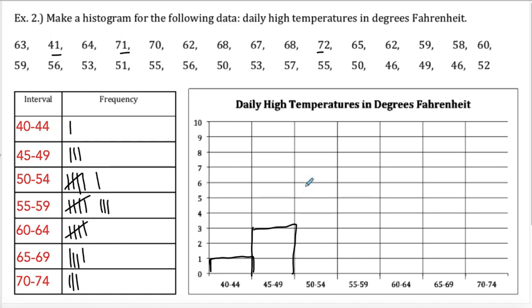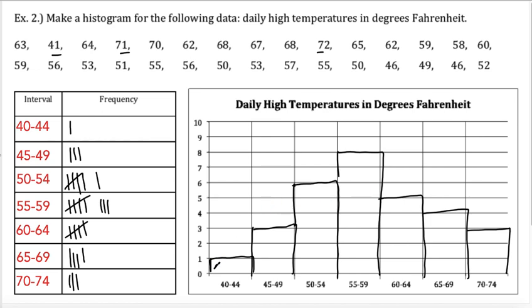The 50 to 54, you would have had a height of 6. Go ahead and finish out your histogram. Height of 8. Back to a height of 5. 4. And 3.